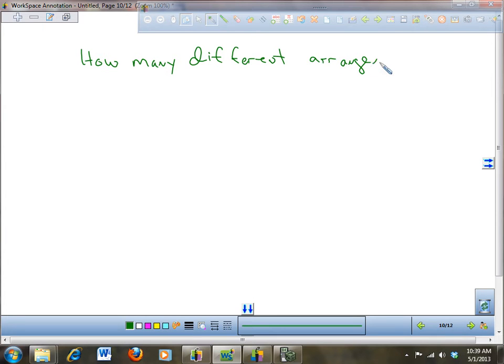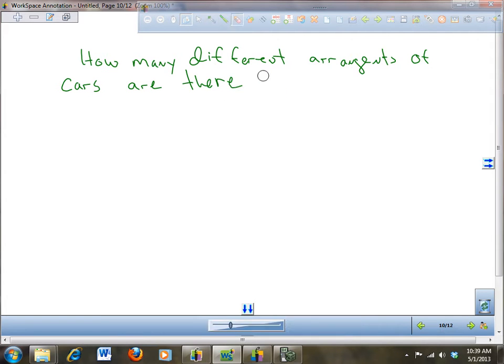Arrangements of cars, and these are cars lined up, not just kind of in a lot, okay.